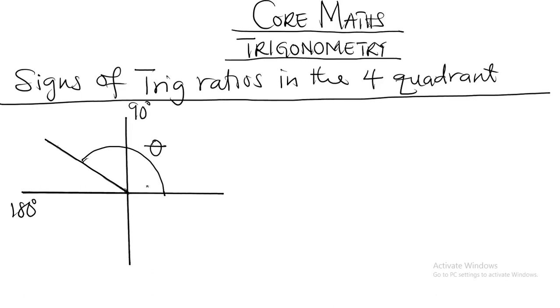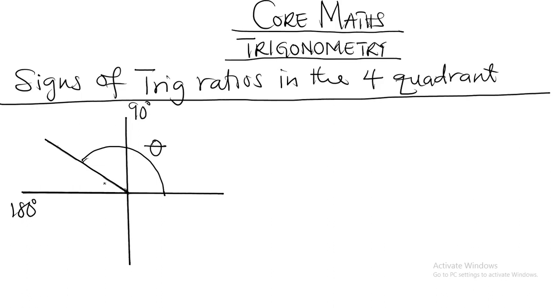What we do is that we use the reference angle formed by the obtuse angle. So let me take it again. To find the trig ratios of an angle in the second quadrant, we use the reference angle formed by the angle.